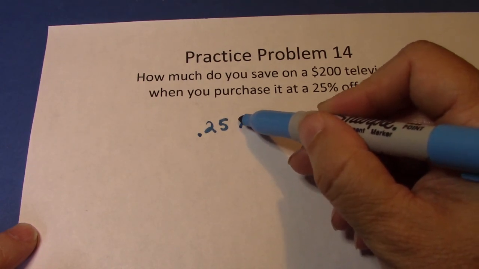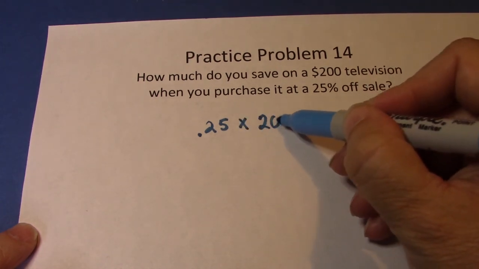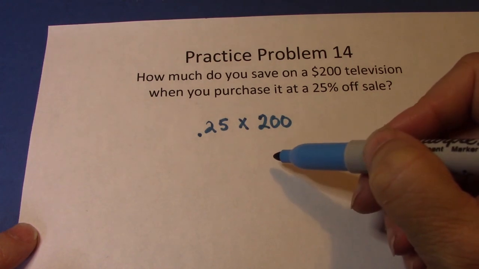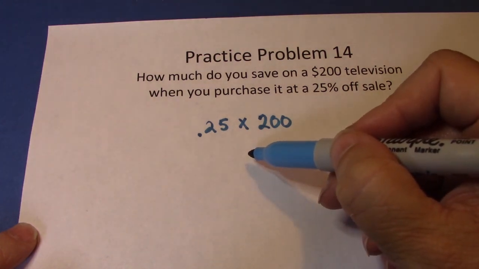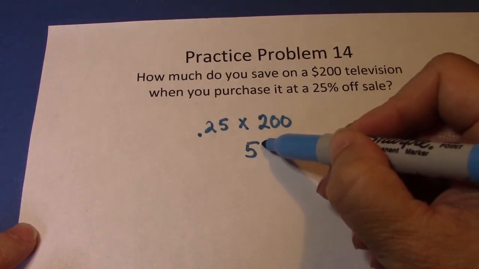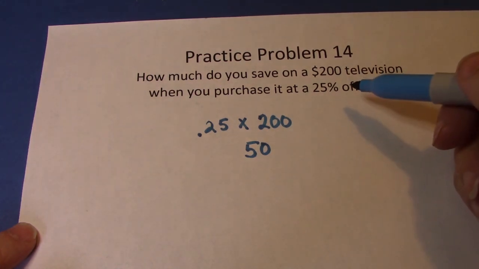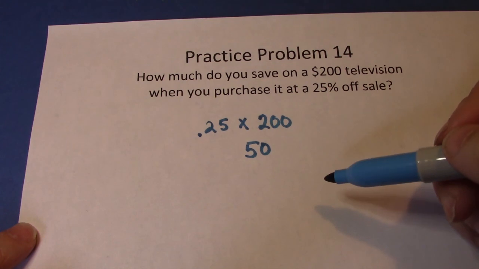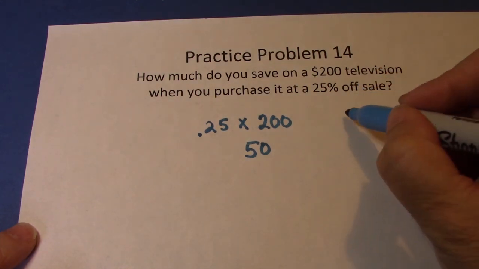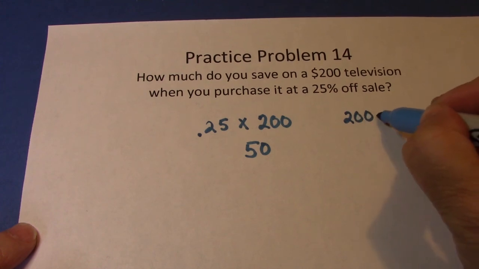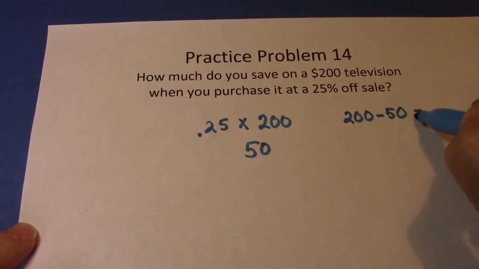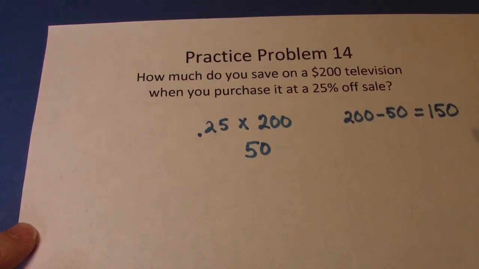Of means to multiply, and we're multiplying it by 200. When I do that math, I get 50. So we're going to save $50. The question might have asked me, how much will we pay? And in that case, we'll say, all right, we're going to pay $150 for that TV.